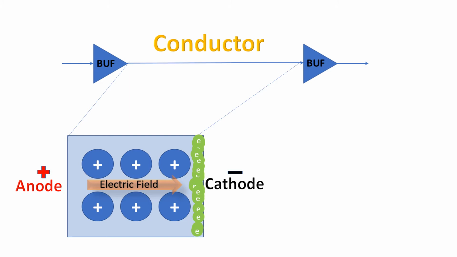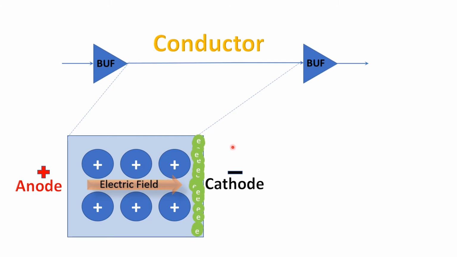So if you see, this is a metallic conductor, and this is anode and cathode, and assume that this is controlled by a battery. Here there is one electric field going from anode to cathode, and there is a battery here, assume.